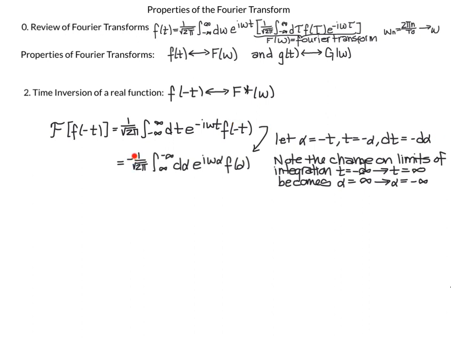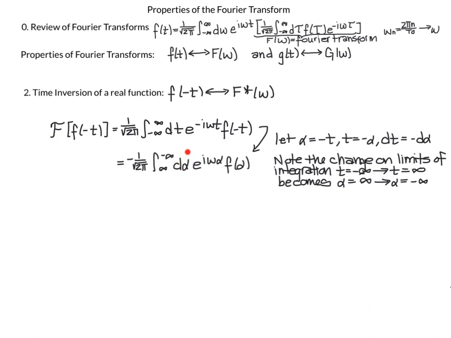We'll get to this negative sign in a minute, but we have 1 over 2 pi integral. Now, if negative t goes from negative infinity to infinity, that means alpha, which is negative t, will go from infinity to negative infinity. Then we have our dt, which is negative d alpha.